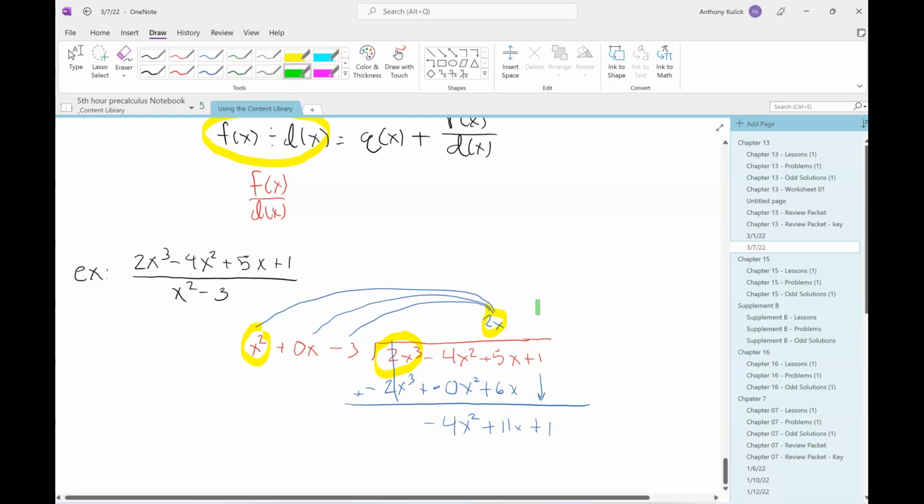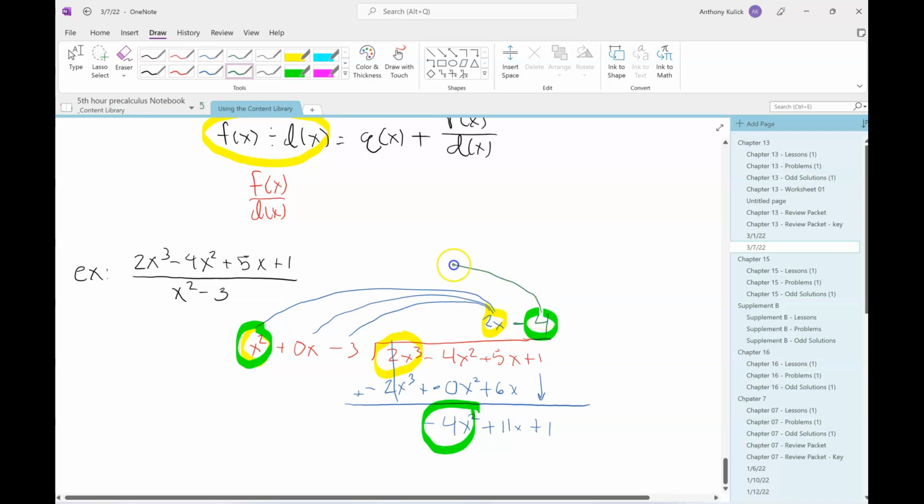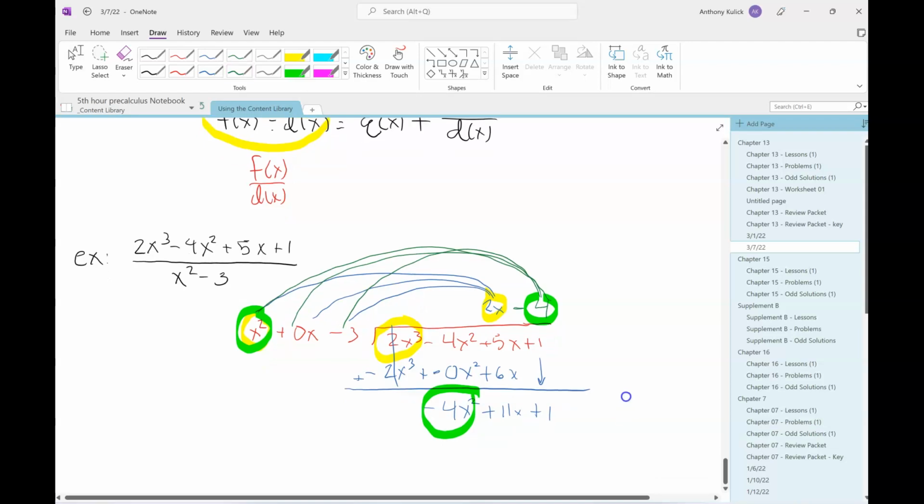So then I'm going to ask myself, what times x squared gives me my new leading coefficient, negative 4x squared? Negative 4. So I do that. Multiply it to each piece.